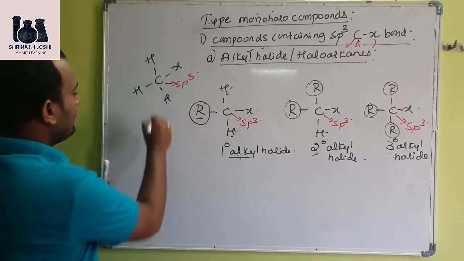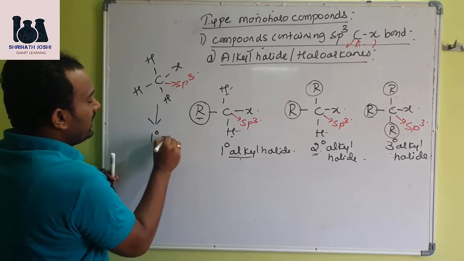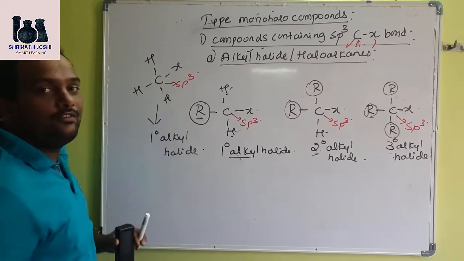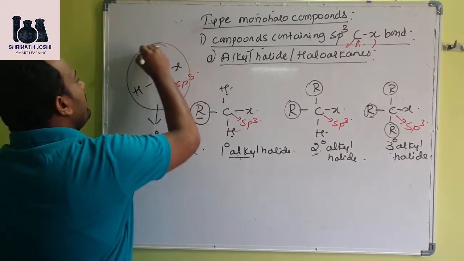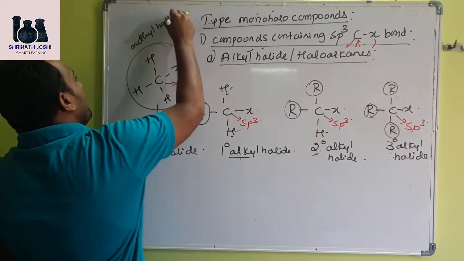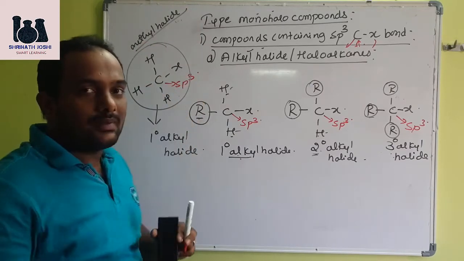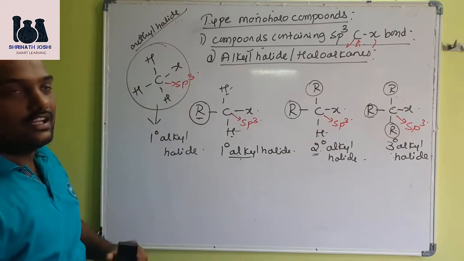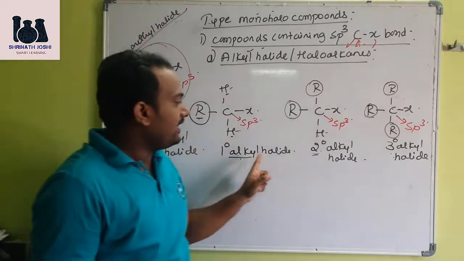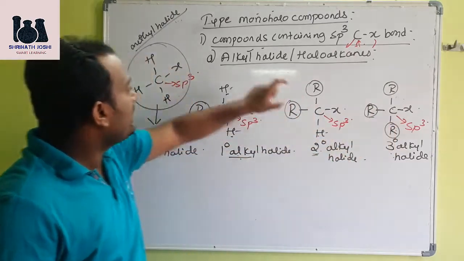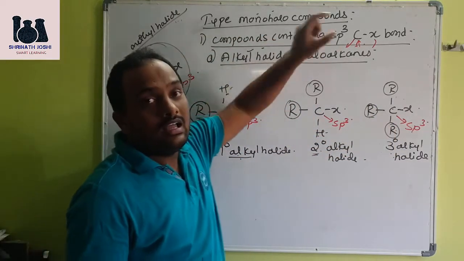Even this is considered to be primary alkyl halide, but we have a special name for this one. This entirely we call a special name, that is supposed to be called as a methyl halide. No doubt methyl halide is also primary alkyl halide, but we specifically call them as methyl halide. Therefore we have a methyl halide, primary alkyl halide, secondary alkyl halide and a tertiary alkyl halide, which are the types of alkyl halides or haloalkanes.